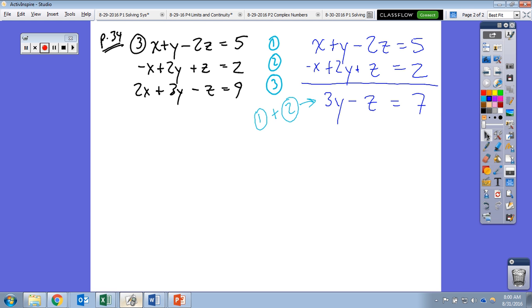Can you use the equation you just did, 3y minus z equals 7, with number 3 or no? Good question, and I would say no. Because I want to develop 2 equations using all of these, and I don't care which combinations.